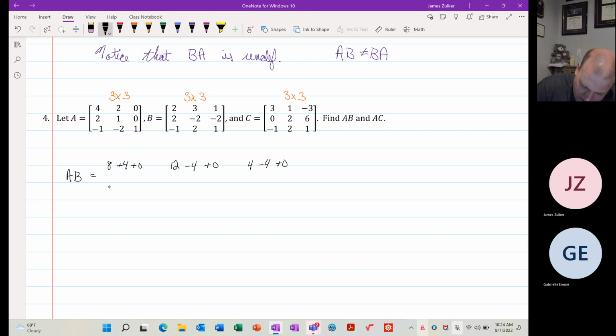Row 2, we're going to get, what, 4 plus 4 plus 0. 6 minus 2 plus 0. 2 minus 2 plus 0. And then row 3, negative 2 minus 4 minus 1. Negative 3 plus 4 plus 2. Negative 1 plus 4 plus 1.